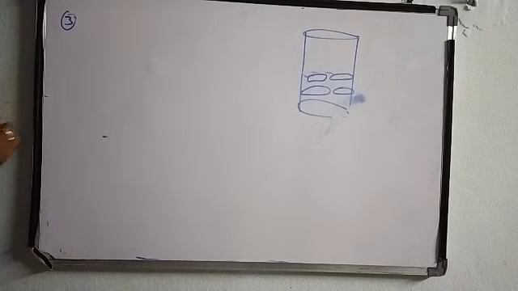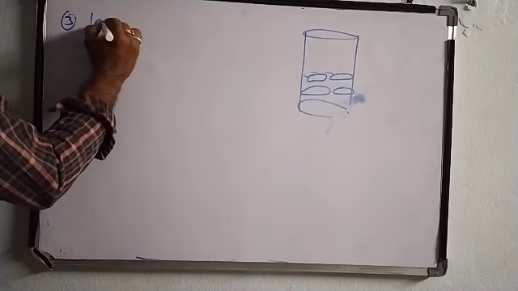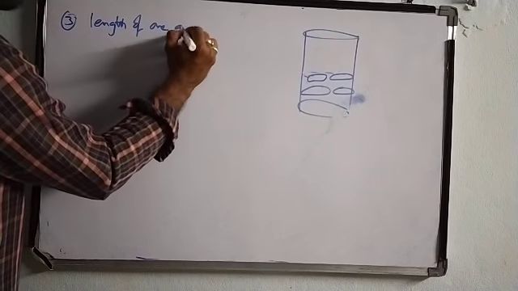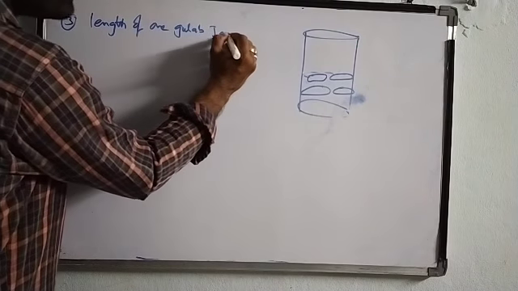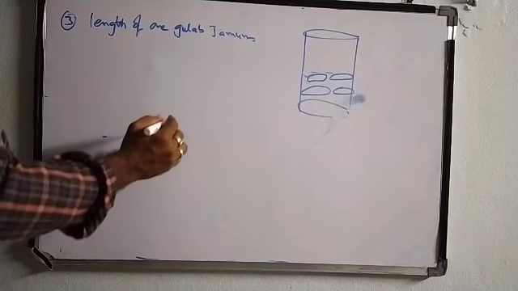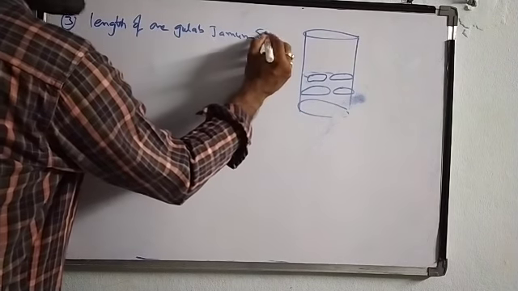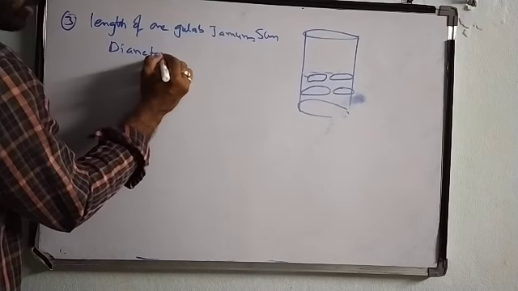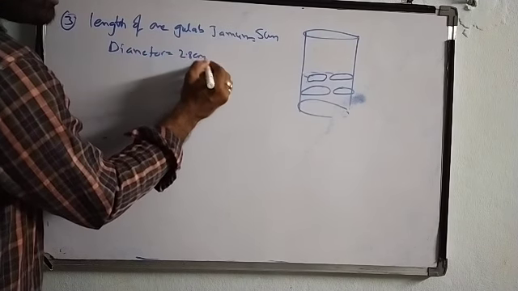So the length of one gulab jamun is 5 centimeter, diameter is 2.8 centimeter.